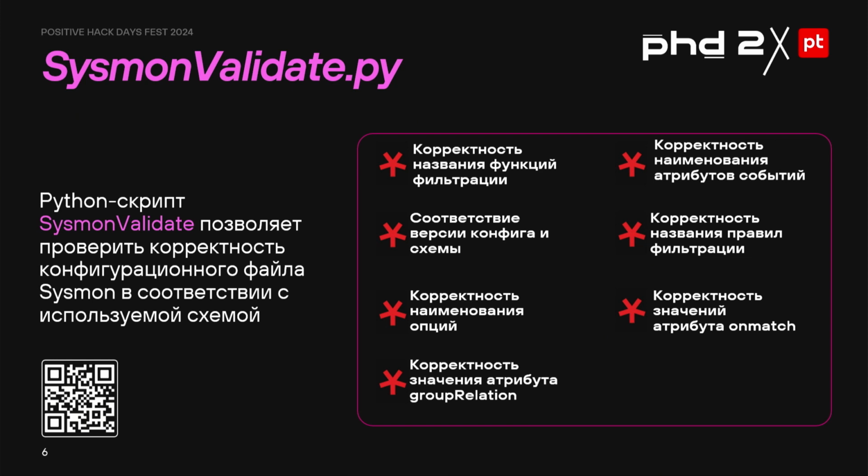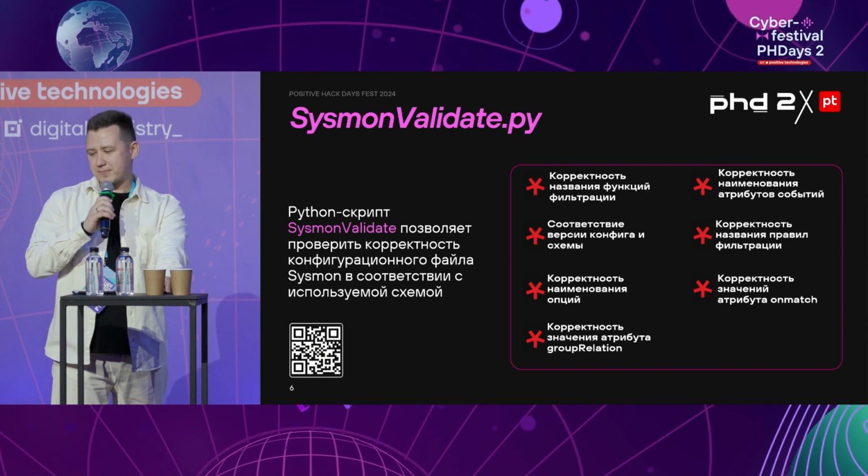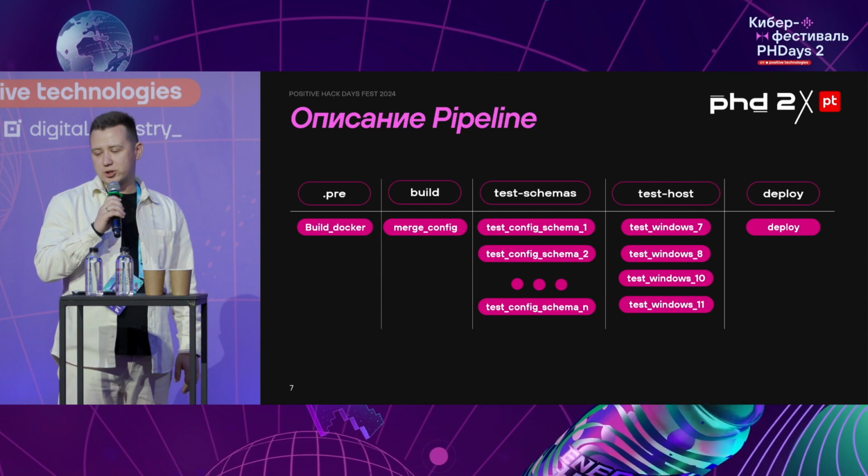We can also check the correctness of options, naming, and group of events, and also on match and filtration rules, and event attribute correctness. This is not an exhaustive list.